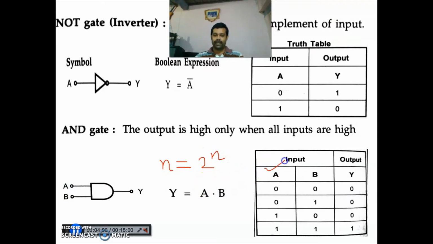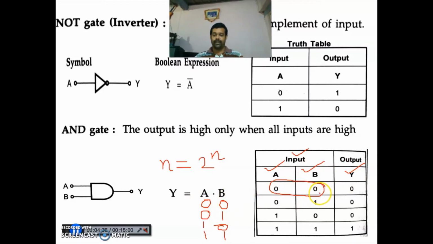So, here the variables are A and B. So, these two variables can have either these two are 0, or these two are 1, or A 0 and B 1, or A 1 and B 0. Similarly, we are getting the 4 combinations. So first, how many inputs are you having? 2 inputs. And how many outputs are you having? Only one output. So first we have written the input combinations.